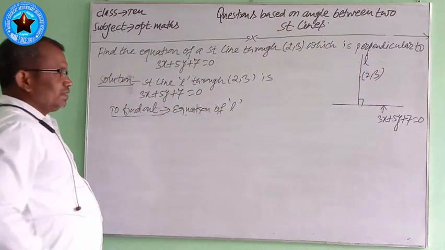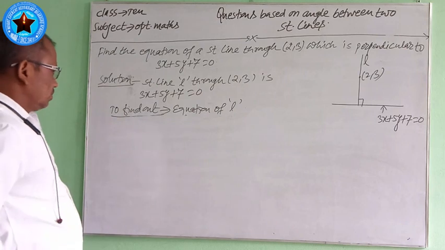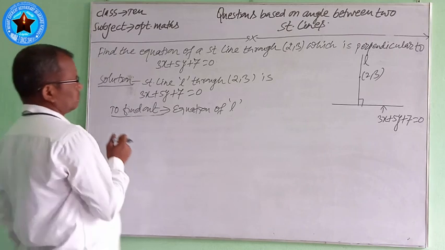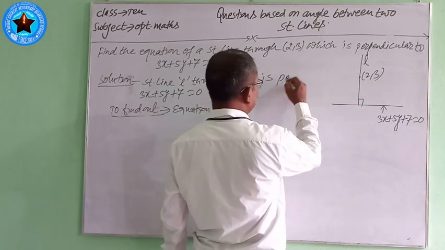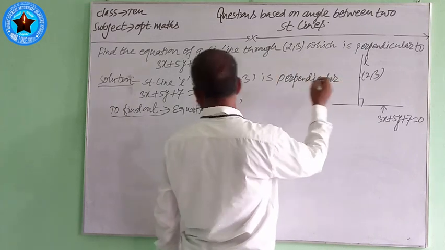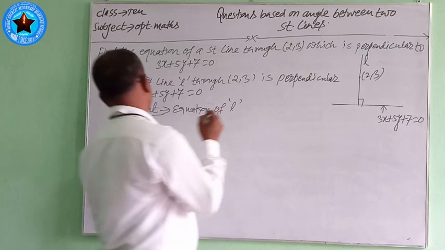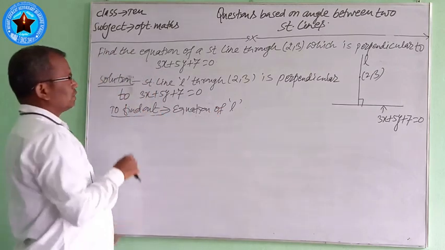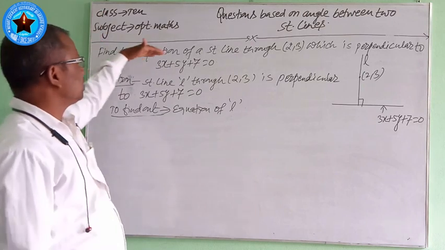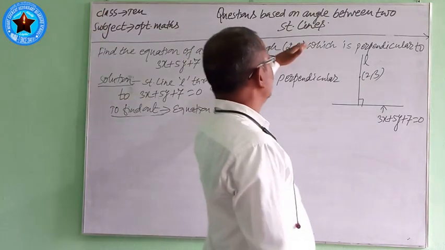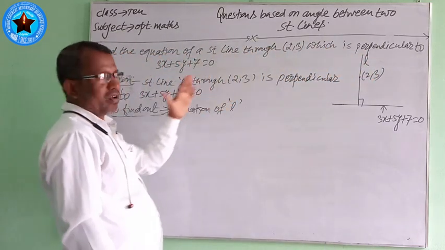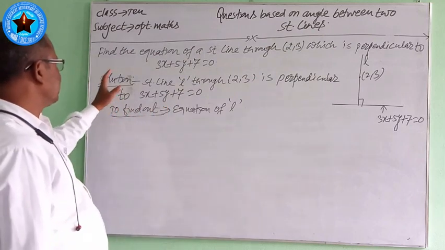Now here perpendicular to, according to the question, but now we have another question. The question is: find the equation of a straight line through 2, 3, which is perpendicular to 3x plus 5y plus 7 equals 0. Solution.